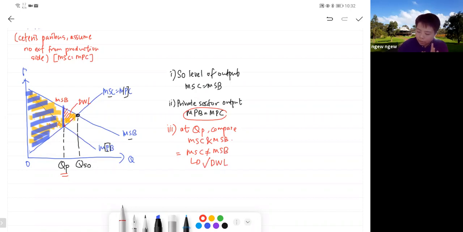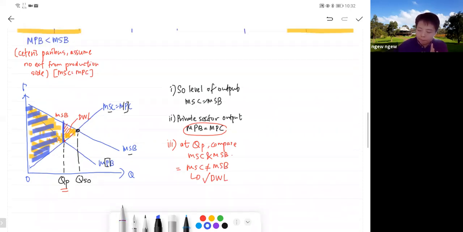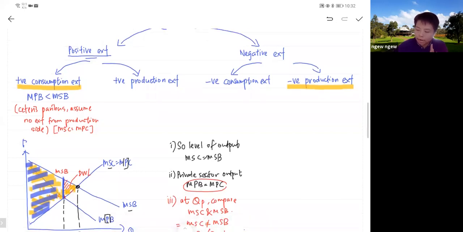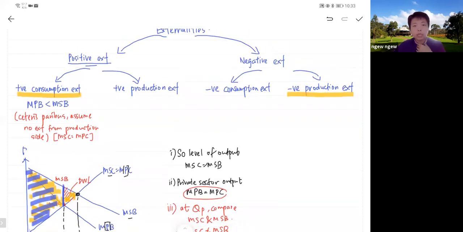Now, we look at another diagram. Okay, let's try. This time round, we talk about negative production externality, which means producer action generates negative impact to the society. Then you will need to, again, look at this formula.